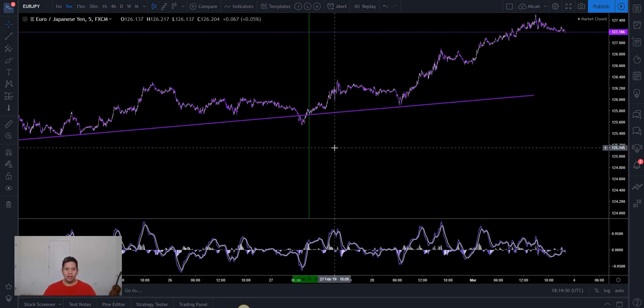This is why I love this product. It's going to keep you safe from bad trades. It'll teach you how to draw a proper trend line, because a proper trend line is key for this product. For beginners, if you can learn how to connect the dots and draw a line, you can crush it with this product. So this trade was scratched. You would never have entered this trade.